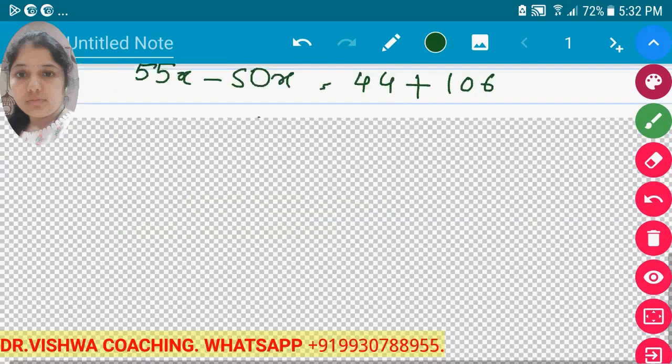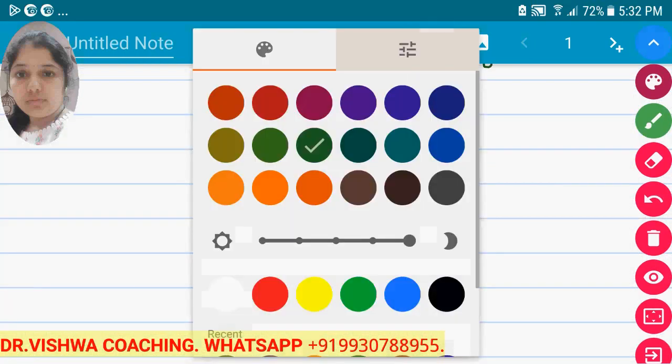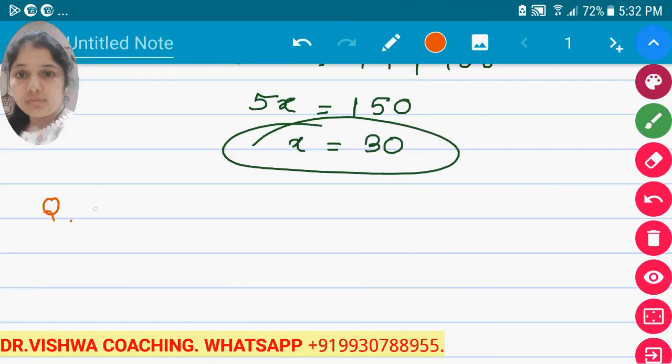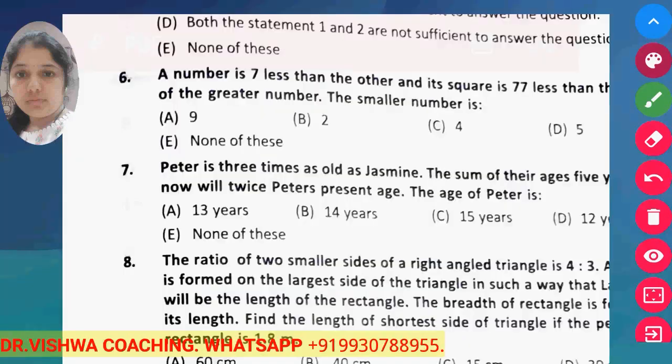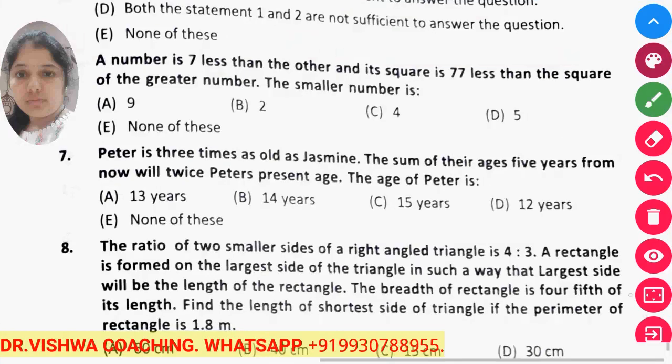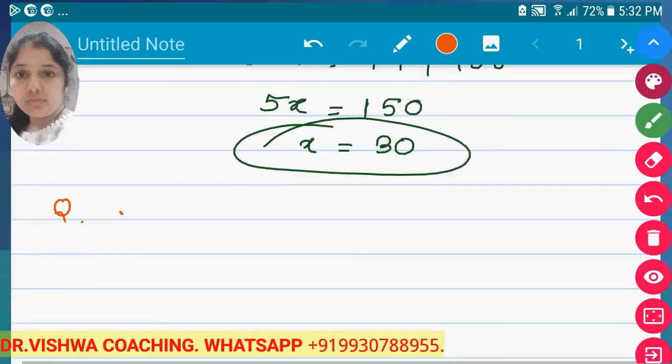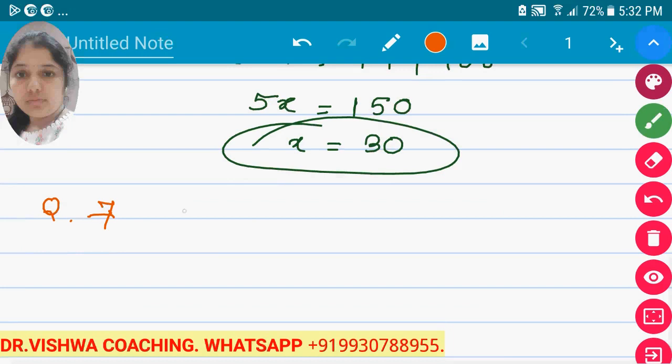Now what we got? Our equation form is question number 7. Okay, 7. So Jasmine's age is x, then Peter's age will be 3x.